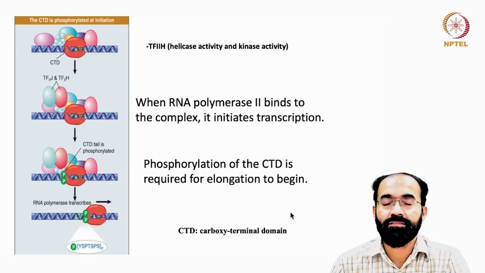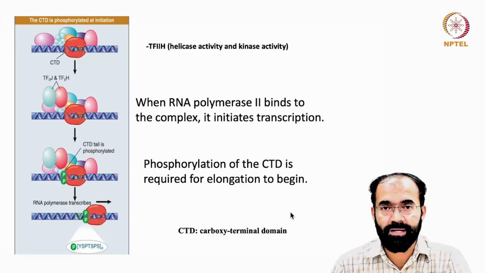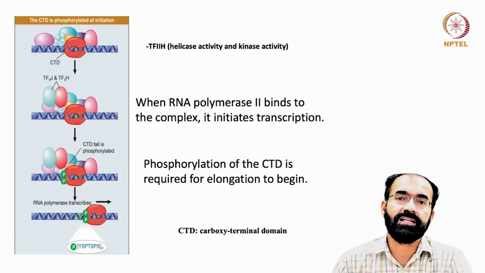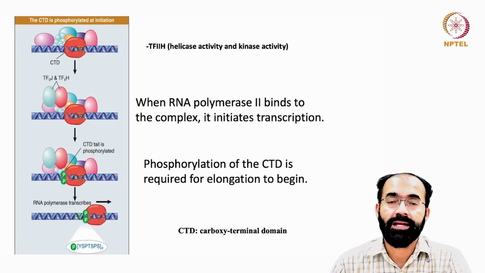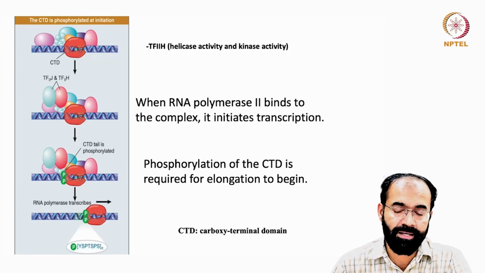Every protein has two ends. One is an N-terminus and another is a C-terminus, because every amino acid has an amino group and every amino acid has a carboxyl group, just like the 5' and 3' end.